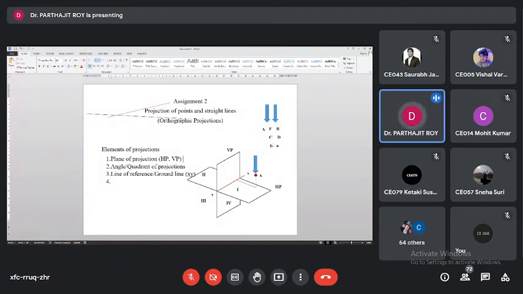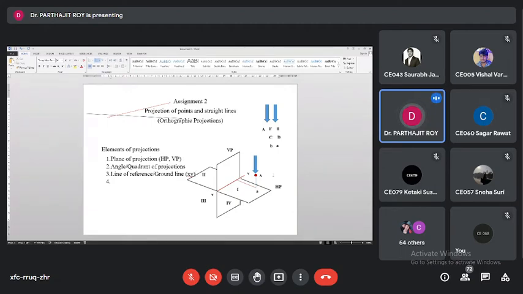Okay, and where the foot of the perpendicular is, it will be here, isn't it? Yes or no? Yes, sir. So I see that the foot of the perpendicular drawn from point A on the horizontal plane is at some distance from the vertical plane, isn't it?